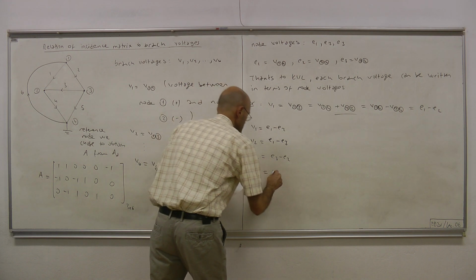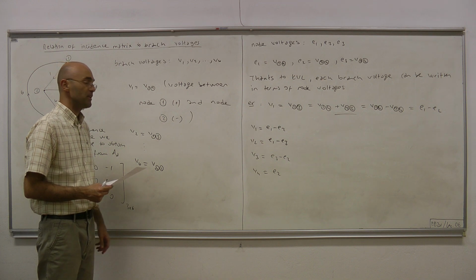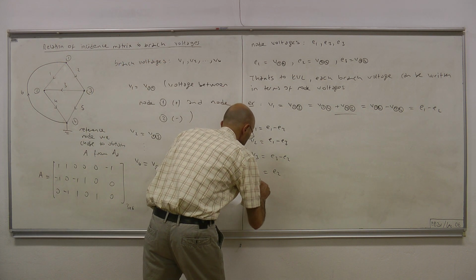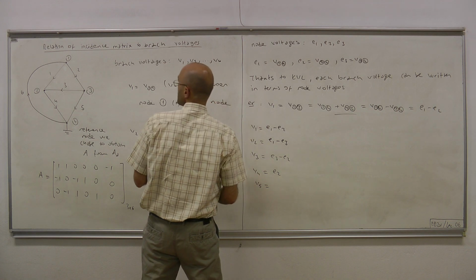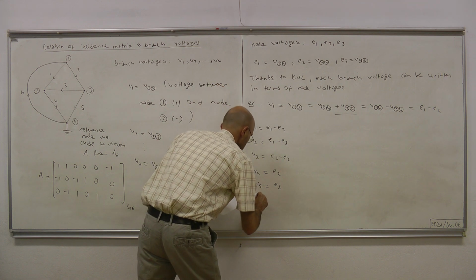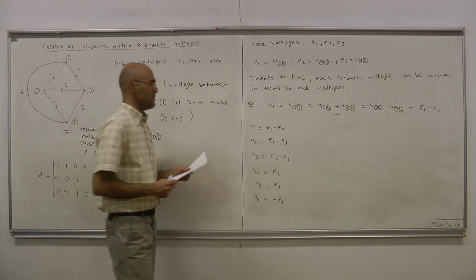V4 is E2 minus E4, but E4 is 0, therefore V4 is really E2. And V5 is E3. And finally, V6 is minus E1.